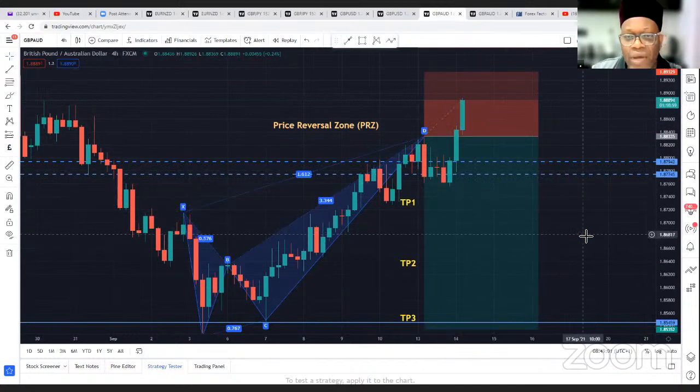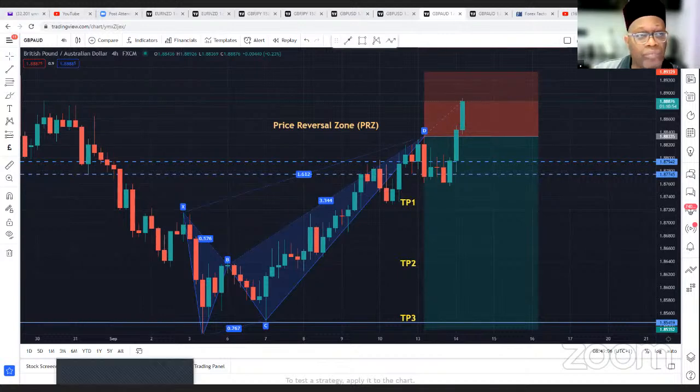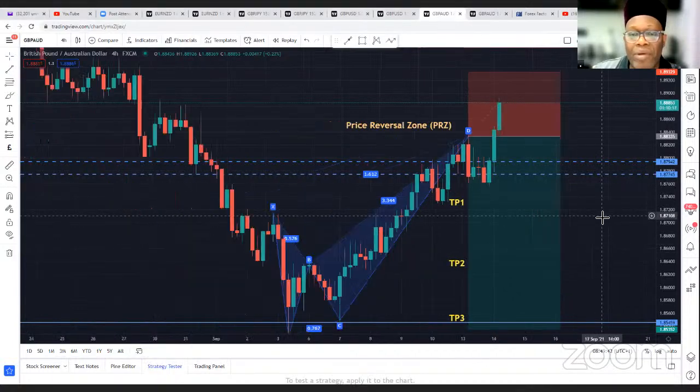I've been looking at this after the trading session. Let me focus on my trades. Okay, so I'm going to be coming back to explain this harmonic pattern for us.